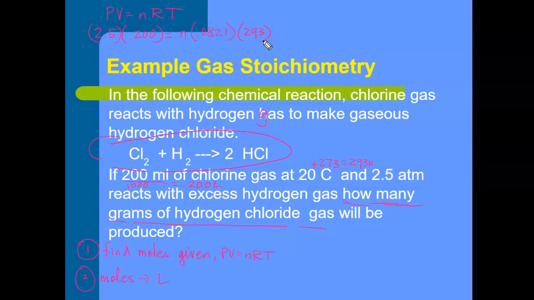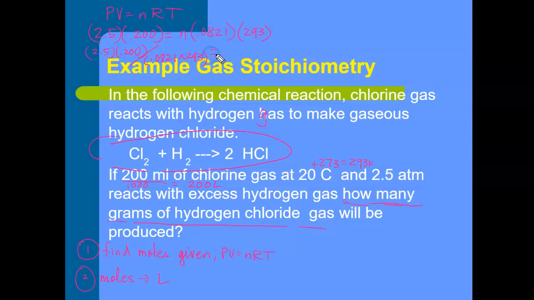All I have to do then is solve for moles, which comes out to 2.5 times 0.200 divided by the product of 0.0821 times 293.